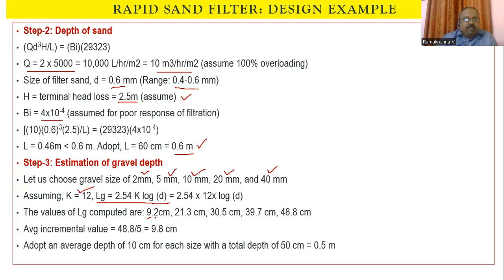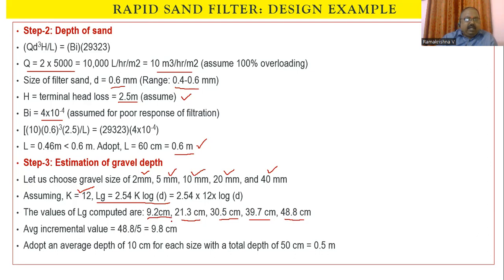For 2 mm, the depth of the bed is going to be 9.2, for the second one 21.3, the next 30.5, and the fourth one 39.7. For the last size, it comes out to be 48.4 centimeters.